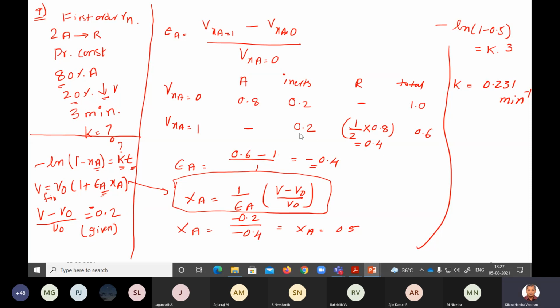So the total will be 0.2 plus 0.4, which is 0.6. So how much is epsilon A? 0.6 minus 1, divided by 1, is minus 0.4. Correct.